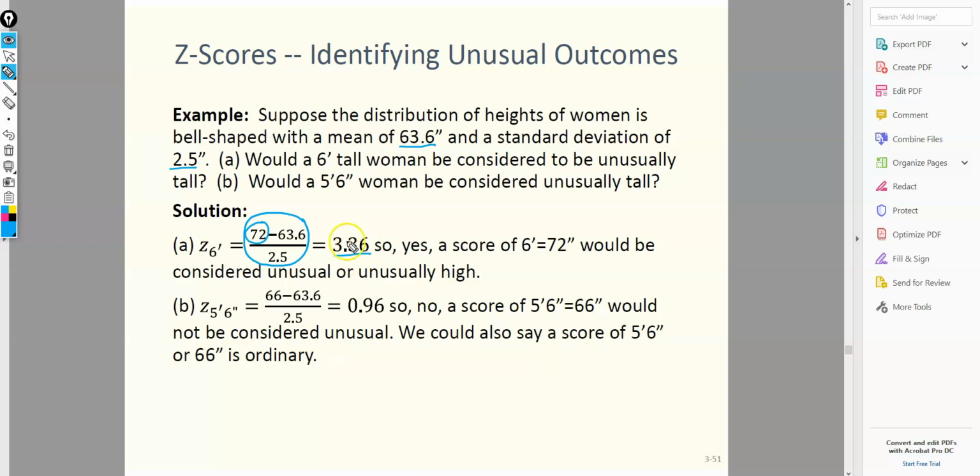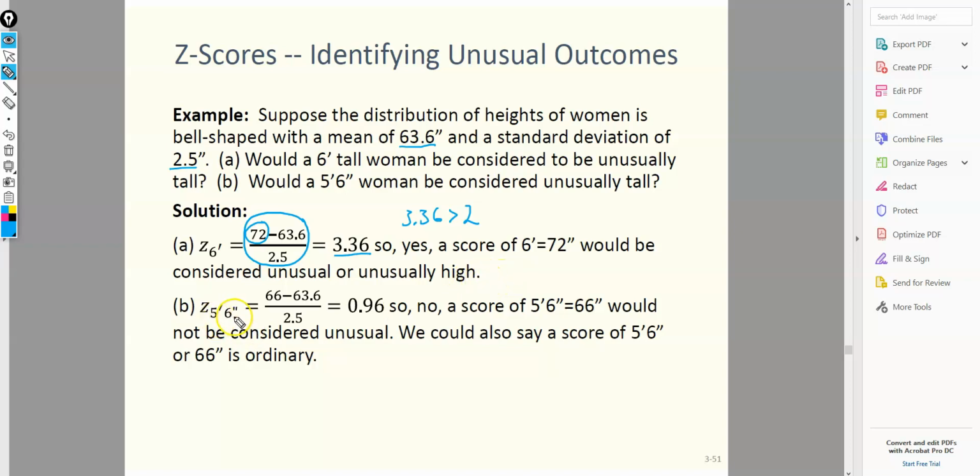And that is greater than 2. 3.36 is larger than 2. And so yes, a height of 6 feet or 72 inches would be considered unusual, or unusually high.